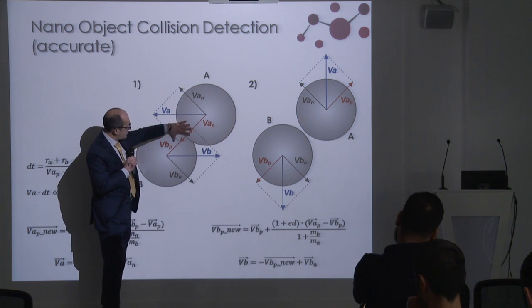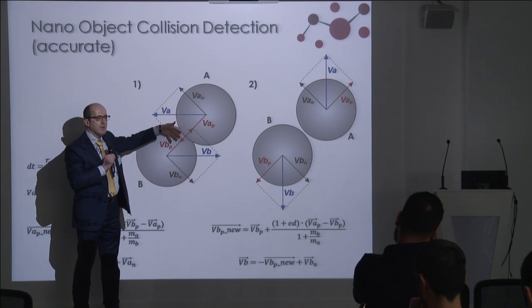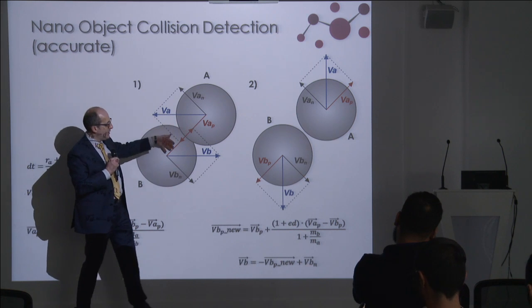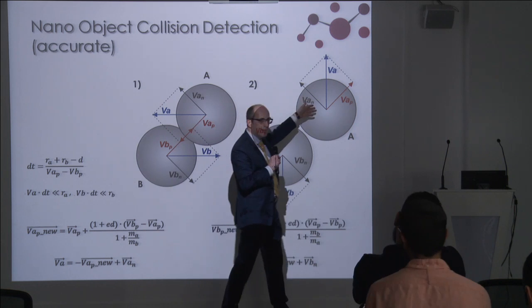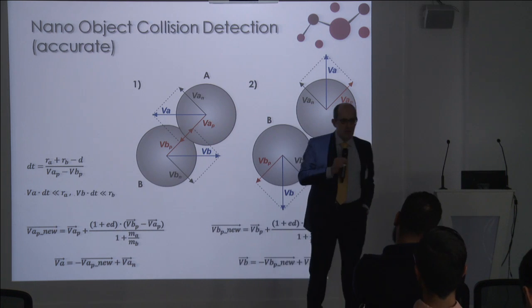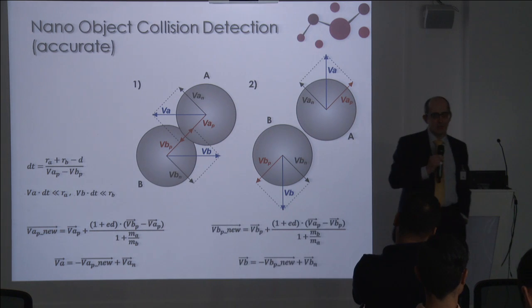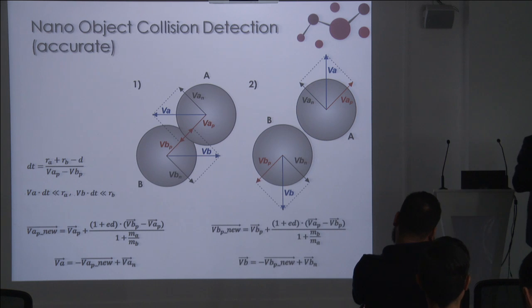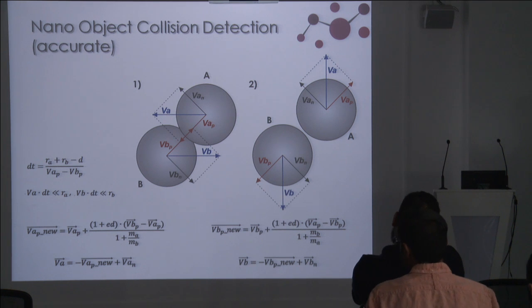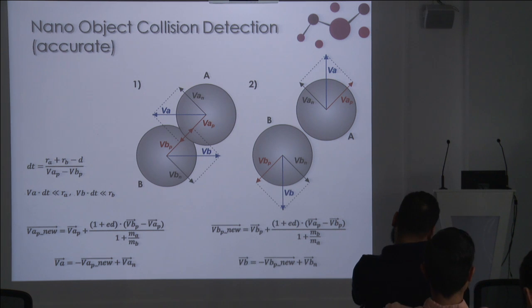Because if you allow these two to overlap significantly before determining the resulting velocity vectors, the result does not properly represent the real operation. So the velocity and time step are closely related to each other. Flow and time step are two quantities that must be considered together, not independently.